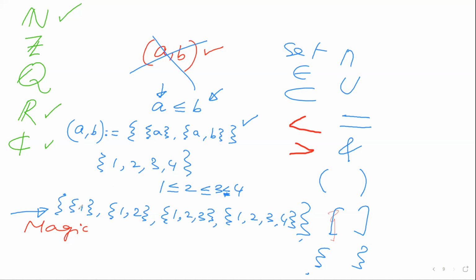You look at an element that is common to all the sets. Can you give me an element that is common to all sets? What element is common to all the sets? 1. Pick it up, comma. Cut it out.